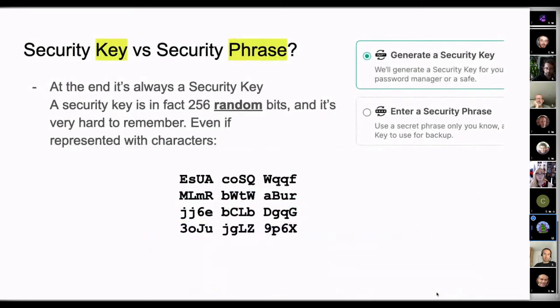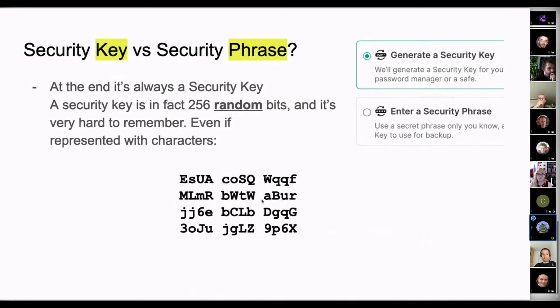And what's the difference between a security key and a security passphrase? At the end, it's always a security key. In fact, a security key is 256 random bytes, and it's very hard to remember, even if you represent it as characters.